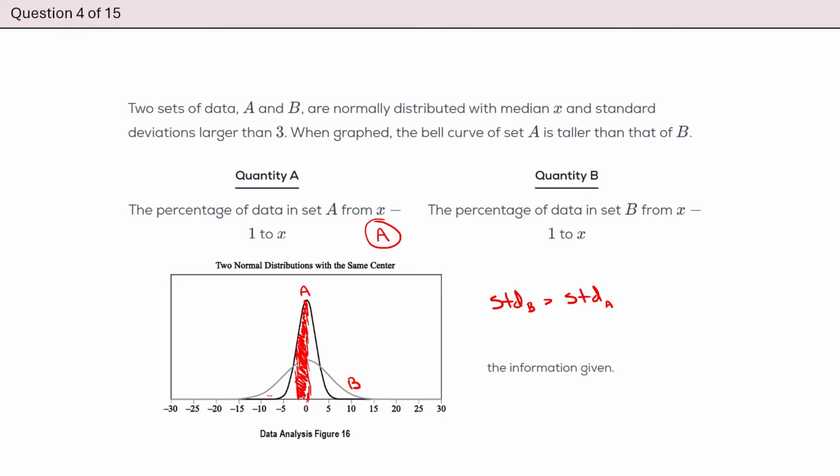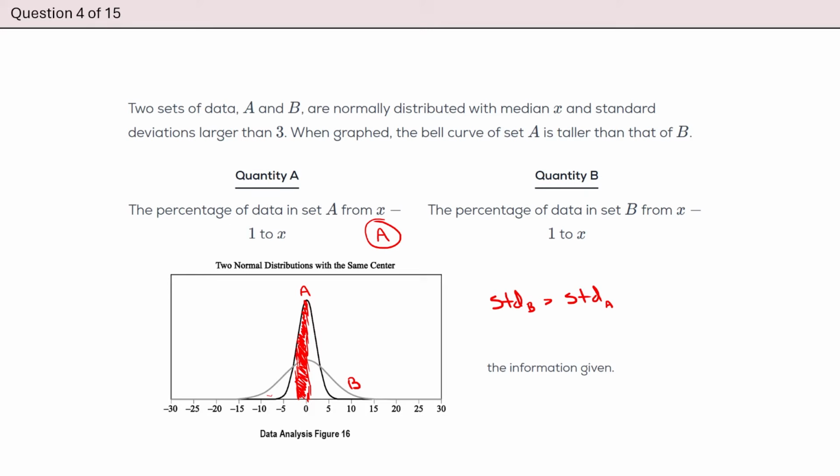In a nutshell, if you have a smaller standard deviation and you move away from the mean either up or down, you're going to capture a larger percentage of the data, because the standard deviation is small, which means it's tall and skinny, right? If the standard deviation is bigger, it's going to be wide and kind of flat. And in that case, if you move to the left or to the right of the median, you're not going to be capturing as much of a percentage of the data.